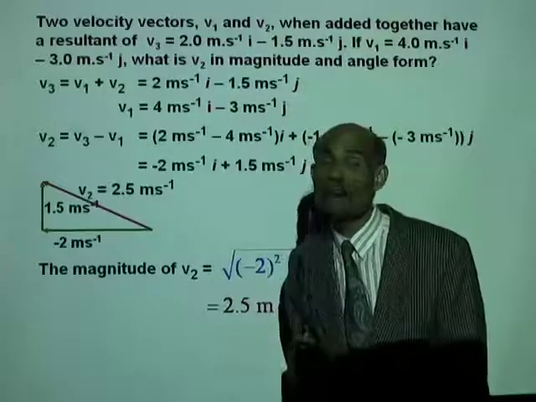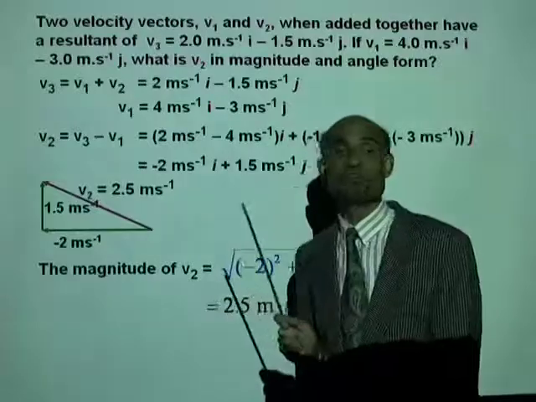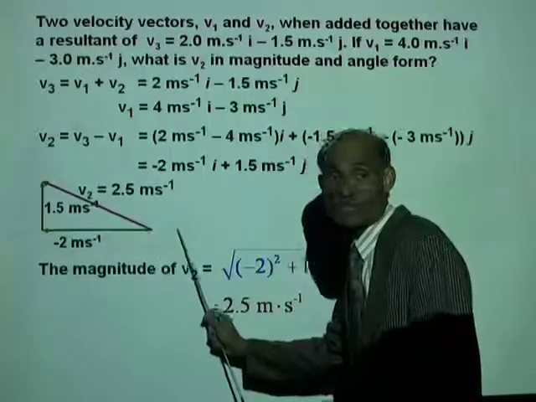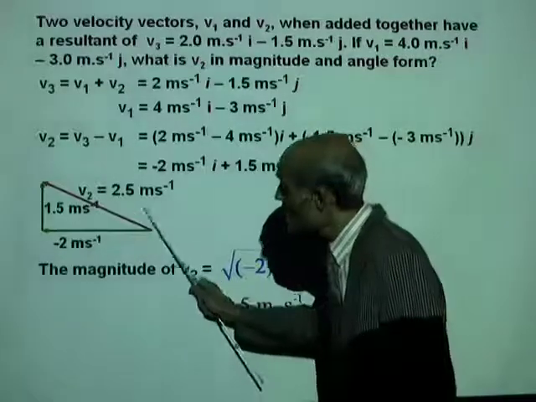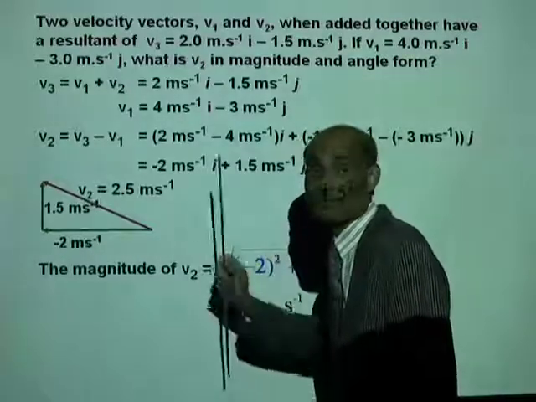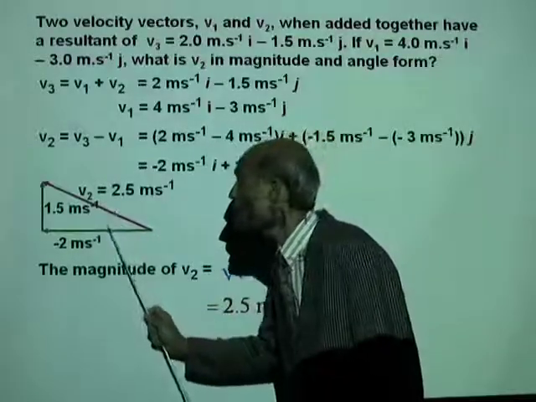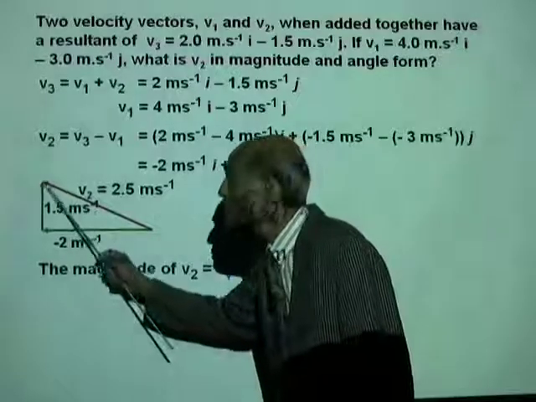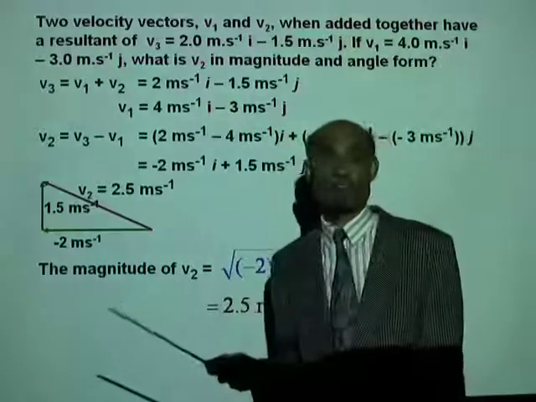We now need to find the angle of vector v2. Now, you should understand that the positive x-axis is that way. So the angle is this angle. But you can now find this angle by using the opposite side and the adjacent side.